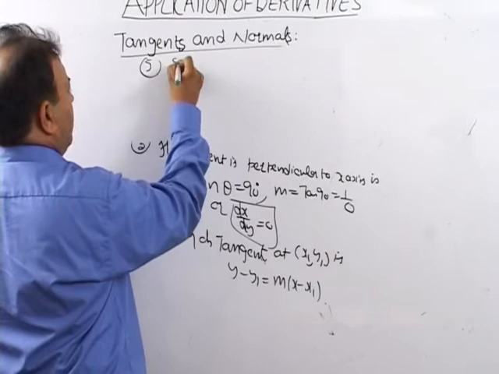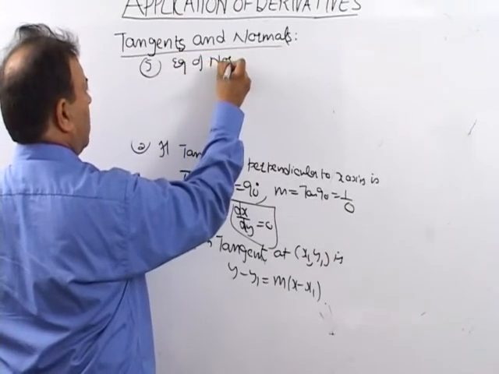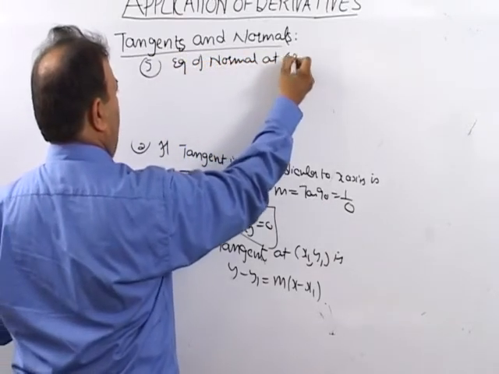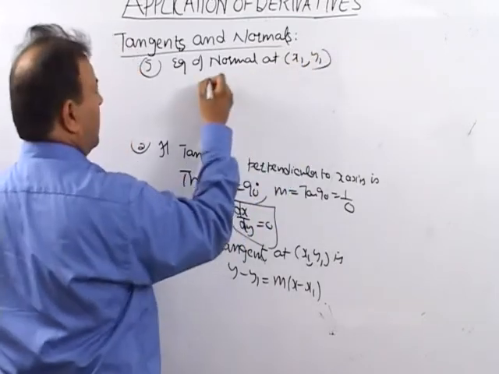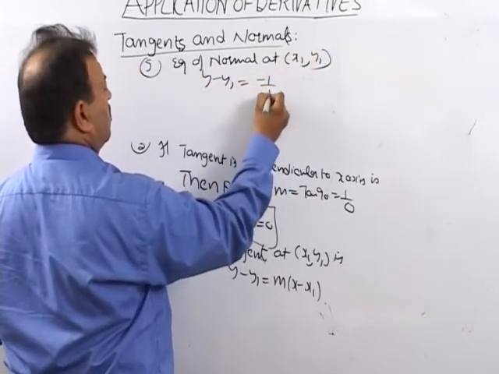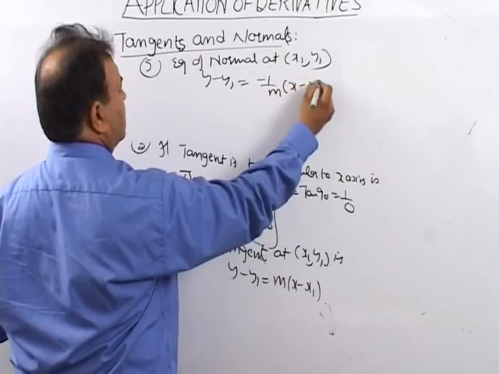Fifth one is equation of normal at x1, y1, which can be calculated as y minus y1 is equal to minus 1 over m times x minus x1.